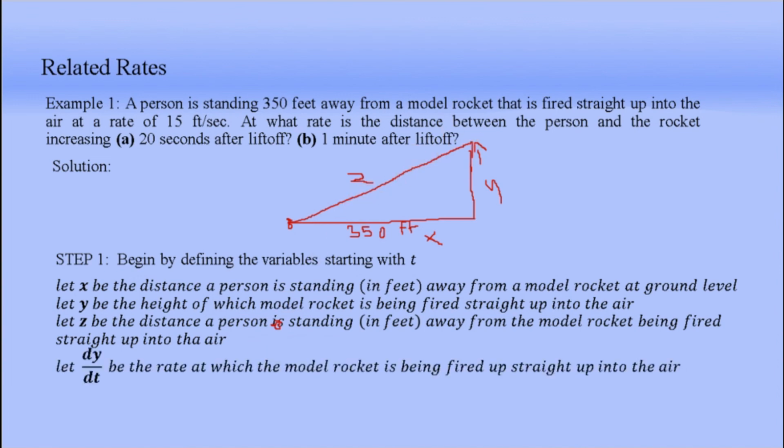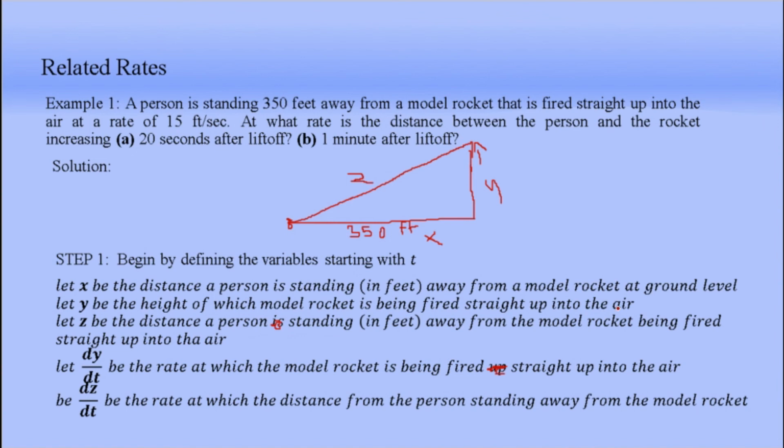And then let dy/dt be the rate at which the model rocket is being fired straight up into the air. And let dz/dt, or the derivative of z with respect to t, be the rate at which the distance from the person standing away from the model rocket changes in the air.